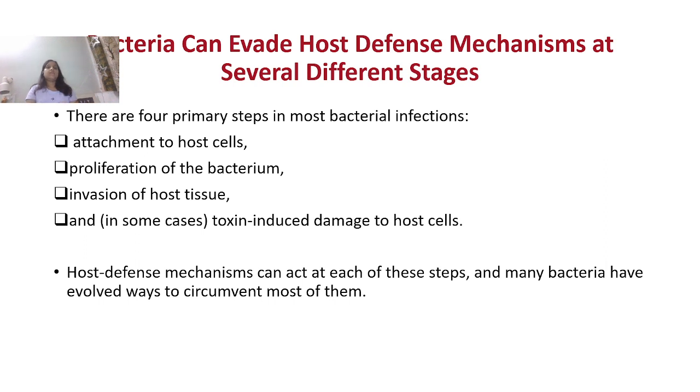So, at every step, whenever there is a bacteria which is trying to attach to the host cell, our system will try to remove it. Then, if it is getting attached and entering into the cell, then it wants to proliferate. So, it will try different kinds of strategies to evade the host response.